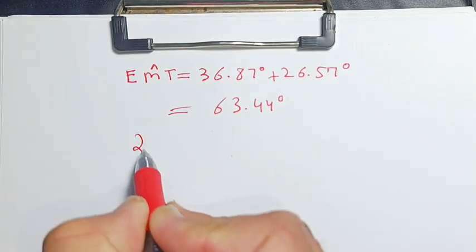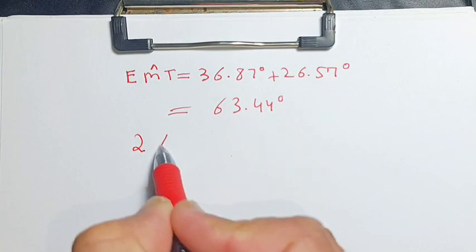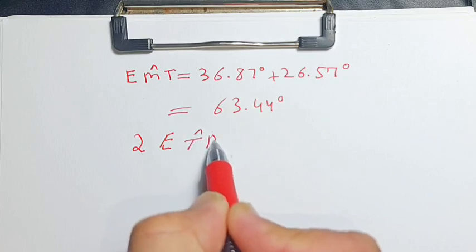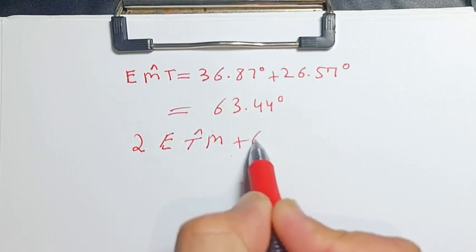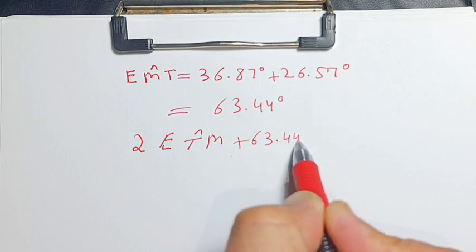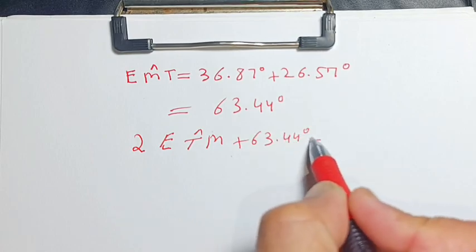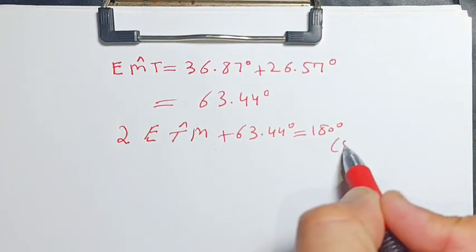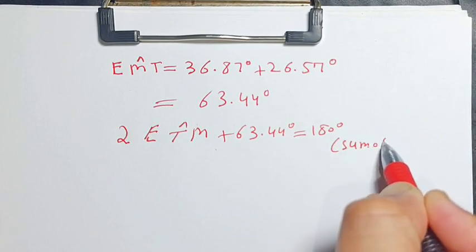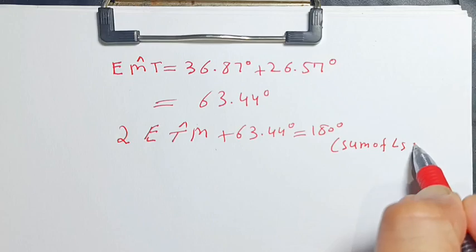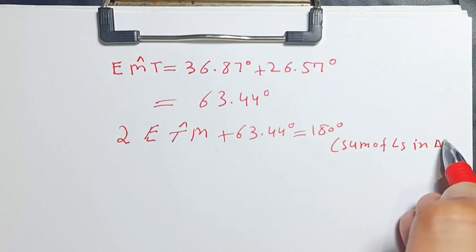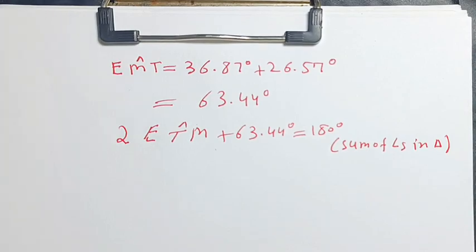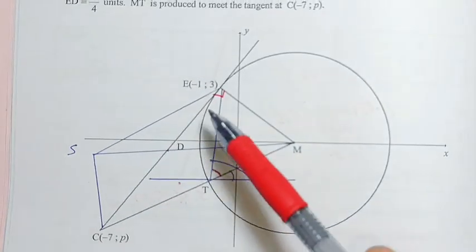So 2 ETM plus 63 comma 44 degrees is equal to 180 degrees, sum of angles in a triangle. Why do I say ETM?